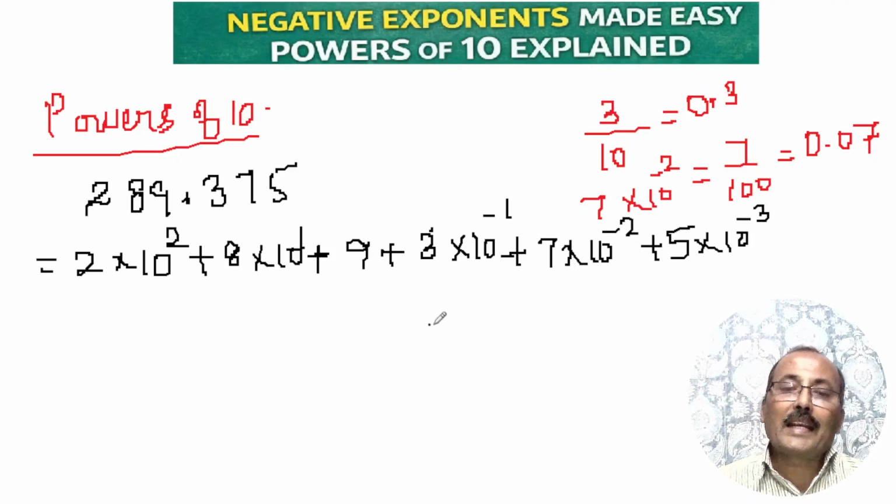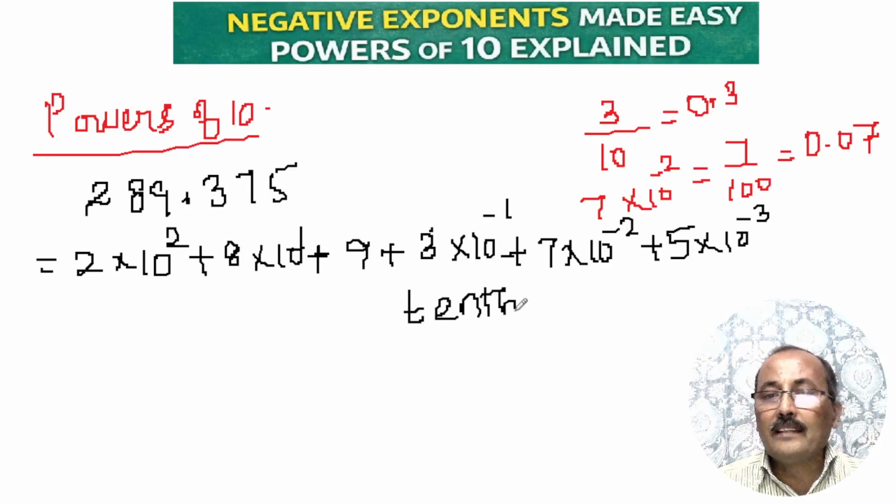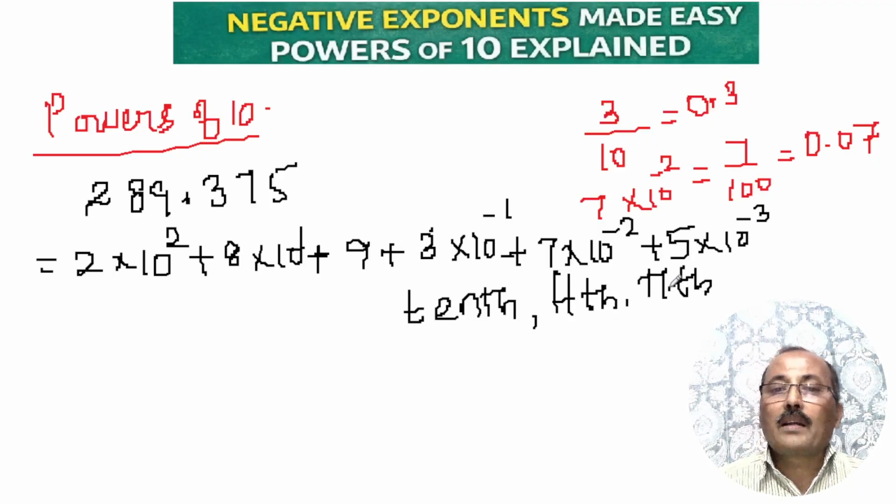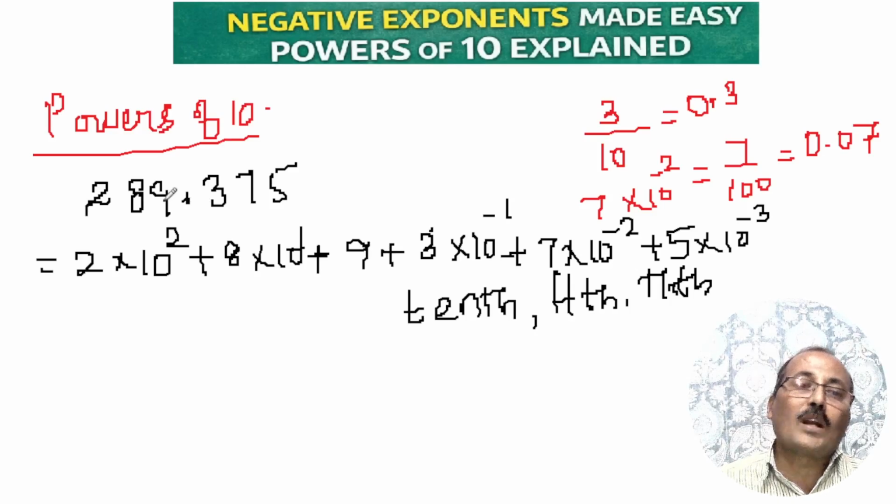Remember, you are reading this as tenths, hundredths and thousandths. Why is there no ones place here? In the place value chart it is ones, tens, hundreds.